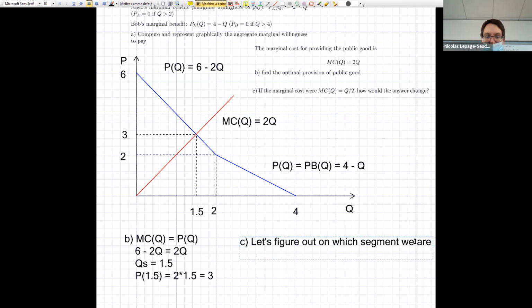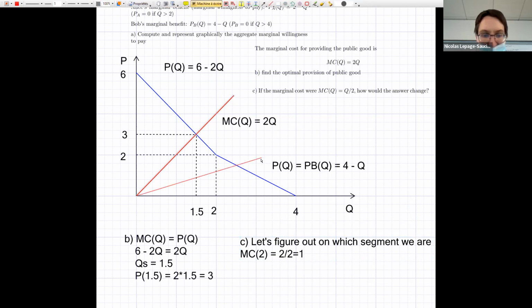Let's just compute the marginal cost of 2, and this of course is the new marginal cost, which would be equal to 2 divided by 2, so it's equal to 1. All right, and I can just draw it. This is 2, so 1 is like this. This is my second one.